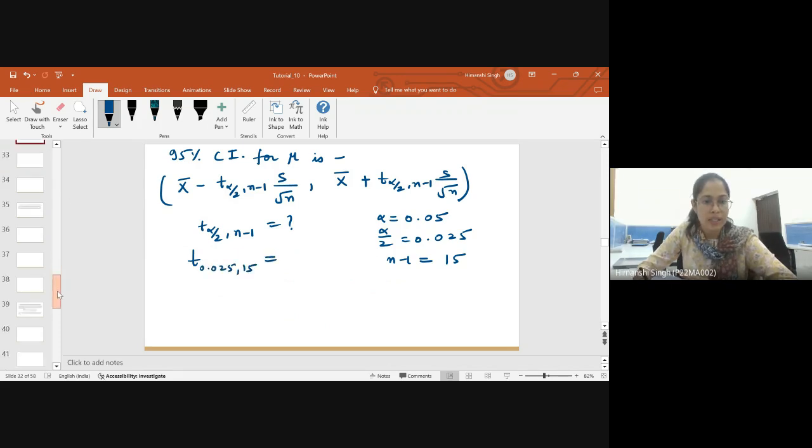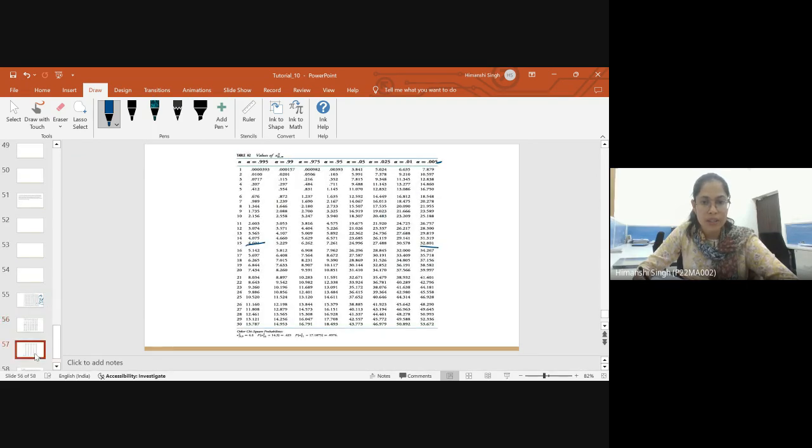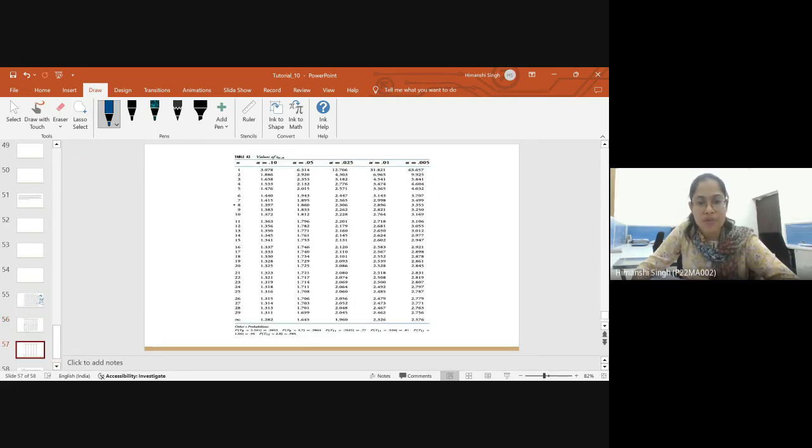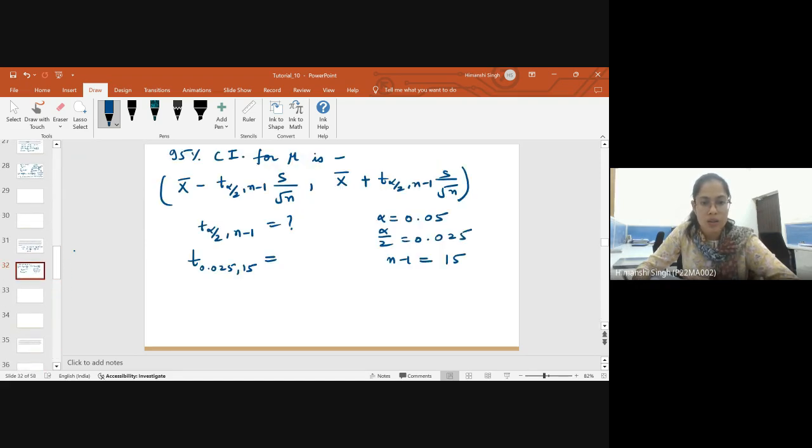So we'll see the t distribution table. So we have degrees of freedom as 15 and alpha to be 0.025. So it will be this value, 2.131. Okay.